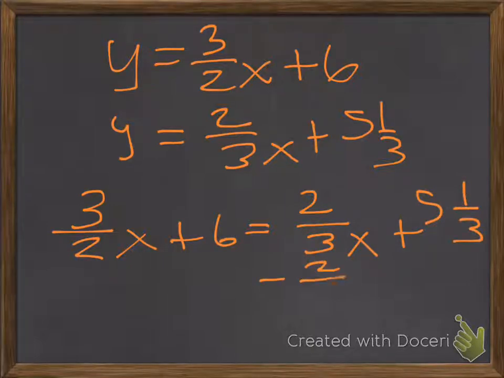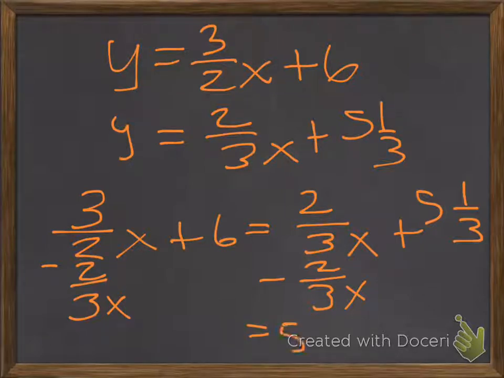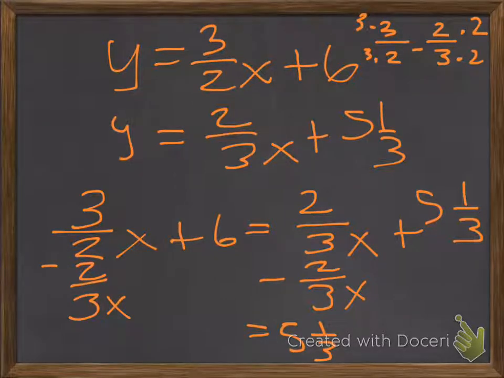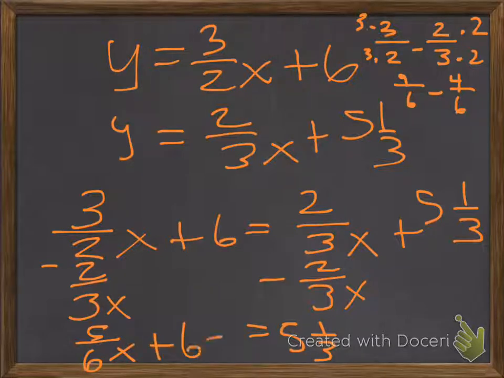So combine our x's. 3/2 minus 2/3. Need a common denominator, which would be 6. So 9/6 minus 4/6, which is 5/6 x plus 6.